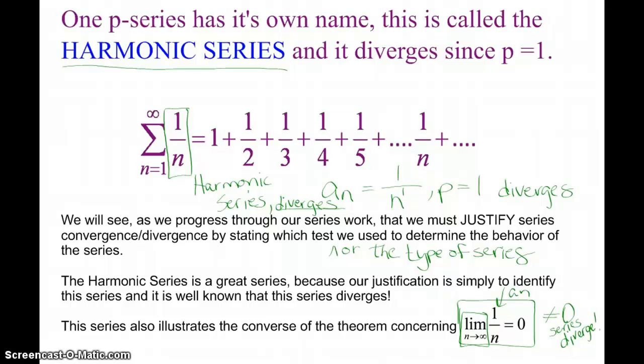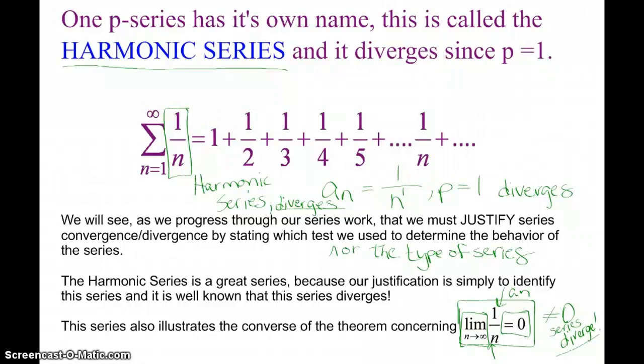We just took that on faith. It actually has a name, and we'll learn the name in the next few lessons. But this is the converse of that. Just because the limit does indeed go to 0 doesn't tell us that the series converges. If that was the case, then we would need one and only one test, and this would be it.